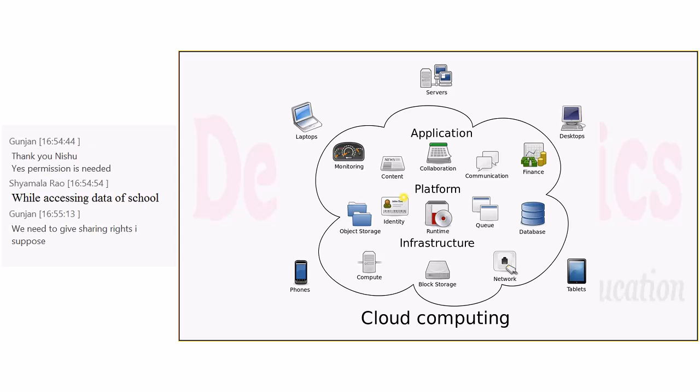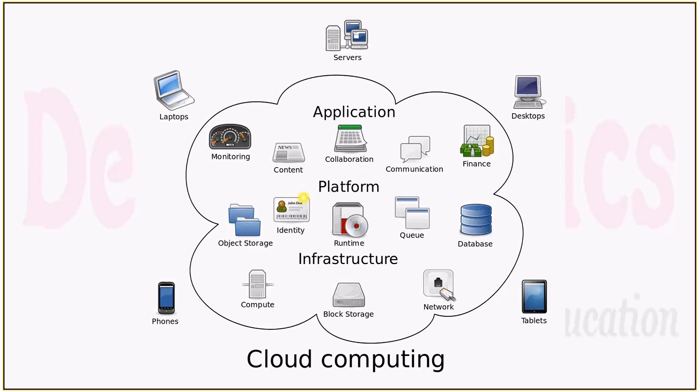Like I told you, there are three models of cloud services available. If you need a subscription model like SaaS, for example Office 365, just take the Office 365 subscription from Microsoft. Similarly, there is a subscription model available with Adobe Creative Cloud. There are many other software available on a user subscription model.